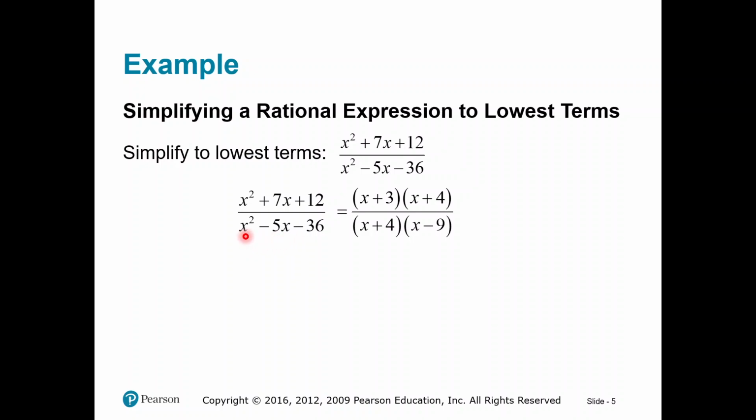Factor the x squared minus 5x minus 36. We get x plus 4 times x minus 9. Notice that the x plus 4 is on top and on the bottom, and so that goes away. So our answer is then x plus 3 over x minus 9.